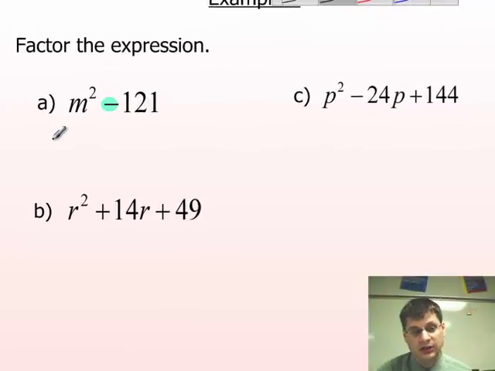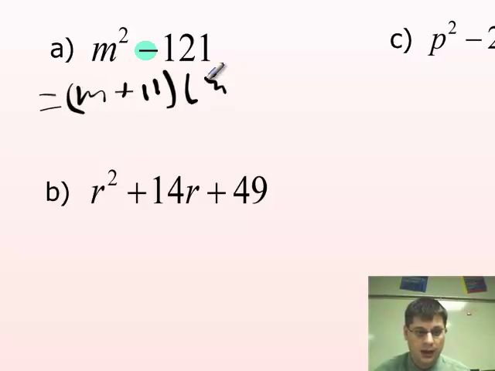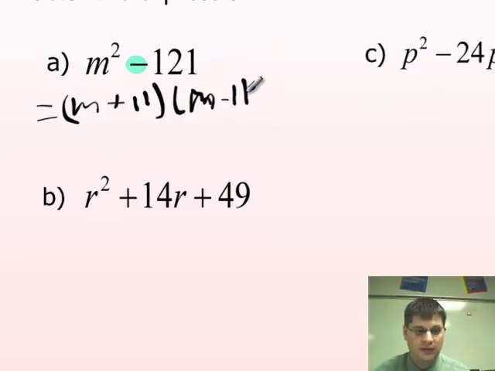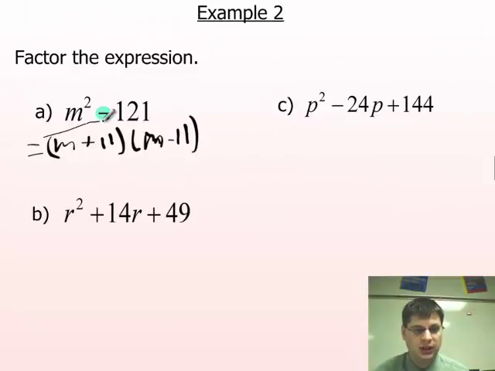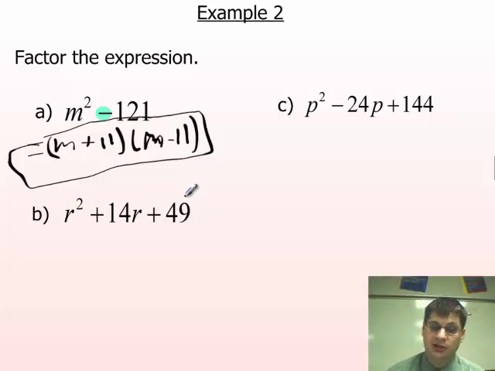So then I can simply say the factors are going to be m plus 11 times m minus 11. And done. I got it. If I look at b here, I go through the checks. I notice that the first term's a perfect square, x times x, and the last term's a perfect square, 7 times 7.